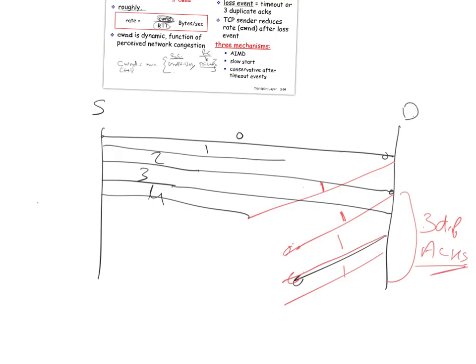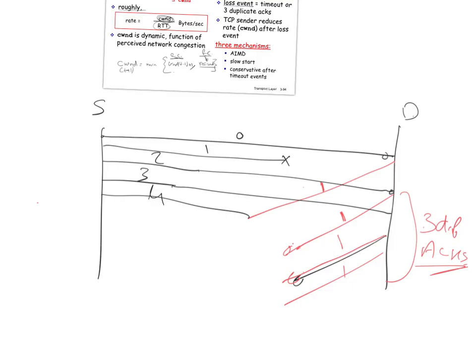Okay. So assuming that the sender receives all these duplicate acks, it will go into a fast retransmission, as we explained before, right? So that indicates that segment 1 might have been lost or delayed, but is this really an indication that there is serious congestion in the network?